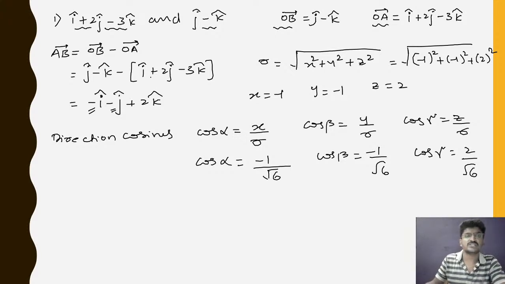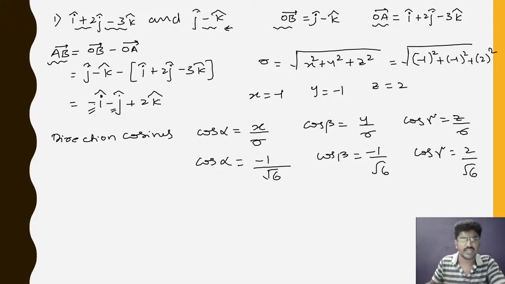So here you have to find vector AB. That vector AB will be OB minus OA. OB vector is j cap minus k cap. OA vector is i cap plus 2j cap minus 3k cap. Write here and simplify. Just a small thing: you have to subtract them, i cap with i cap, j cap with j cap, k cap with k cap.